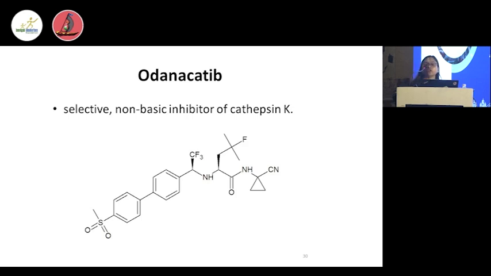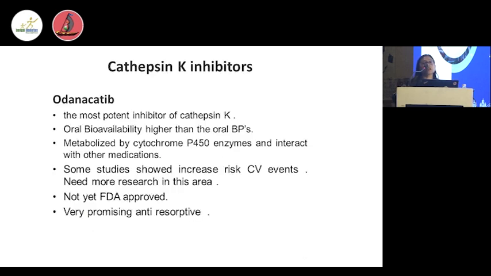Cathepsins are a group of lysosomal enzymes. There are n number of cathepsin enzymes, starting from A to Z. These enzymes differ from each other in their structure, their catalytic mechanism, and the kind of proteins they cleave. Here we are focusing on cathepsin K, which belongs to the cysteine group of cathepsin enzymes.